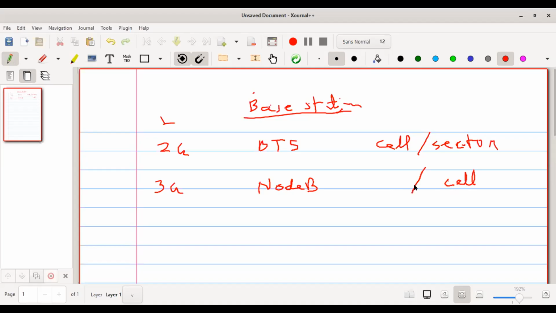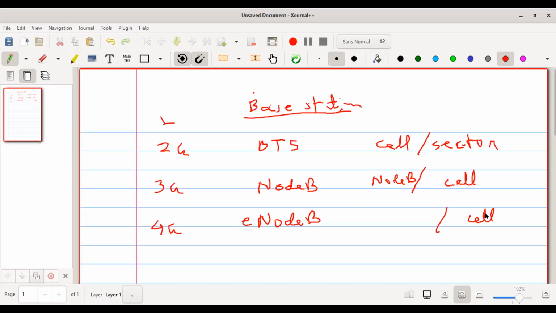The region under one node B is referred to, I mean, the term node B is again used to indicate the region under the node B itself. In the case of 4G, you call it evolved. So the term E comes from evolved, and E node B. Again, there is no cell and sector. We just call it cell.